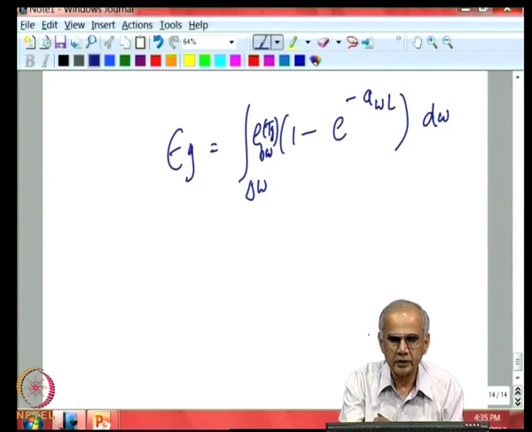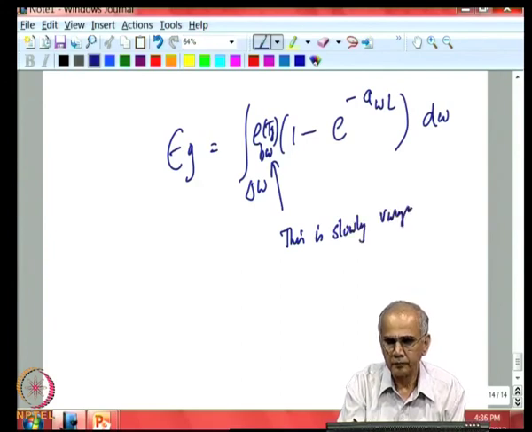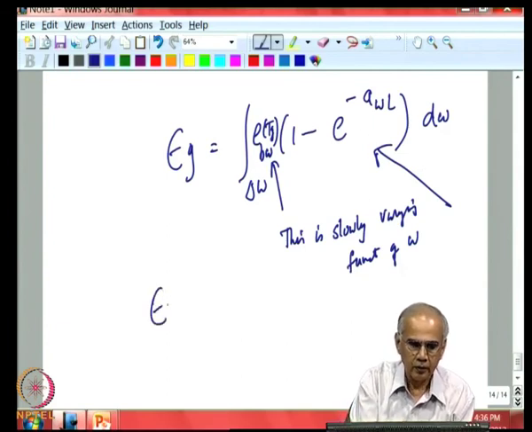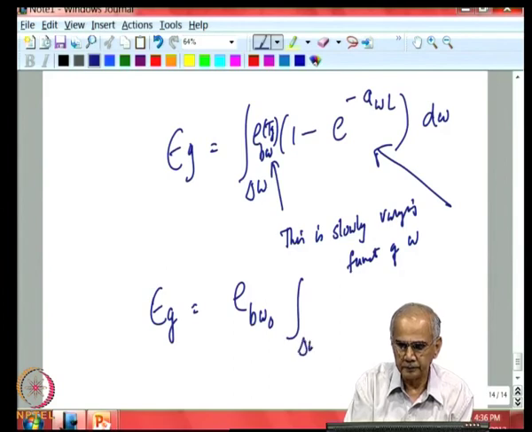So, the key thing to understand is that this is a slowly varying function of omega when compared to this. When compared to this, the function is slowly varying. So, we are going to take this at the center of the band, and do only this integration.